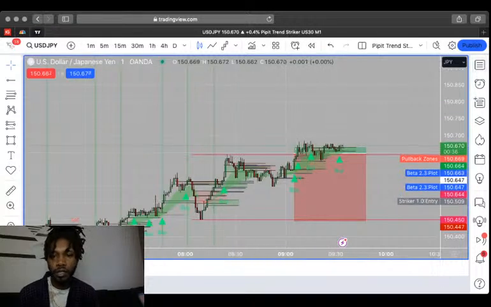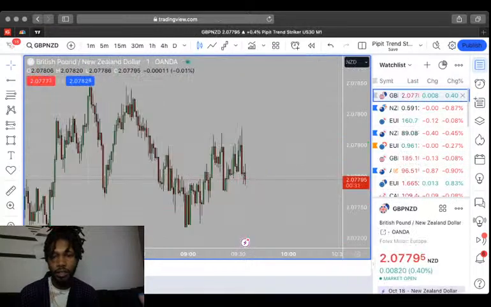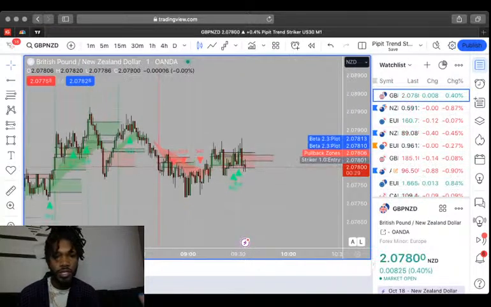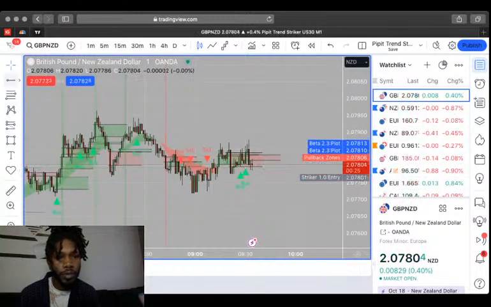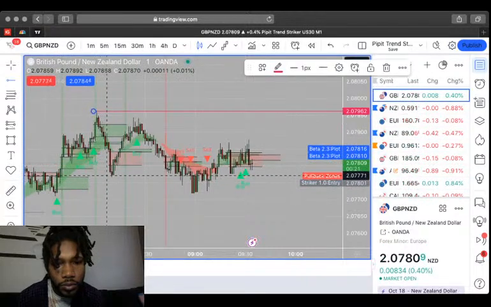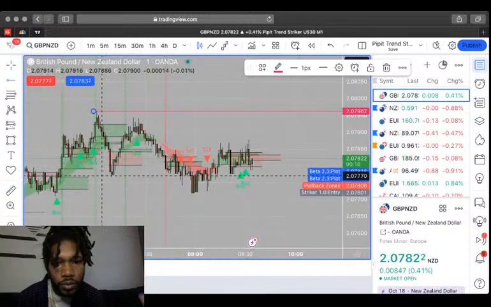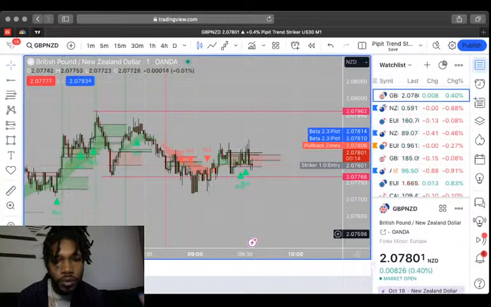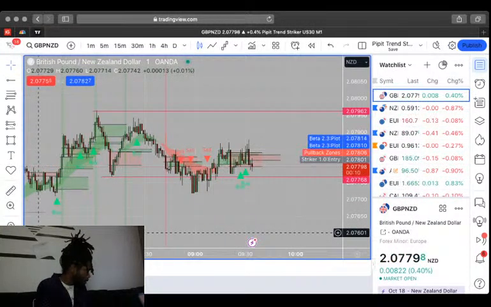Let's check out any other pairs. NZD, let's see what it has done since market open. We actually might be able to find us a setup. Okay, GBPNZD. Let's see.